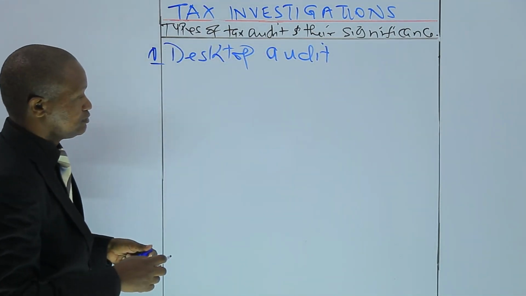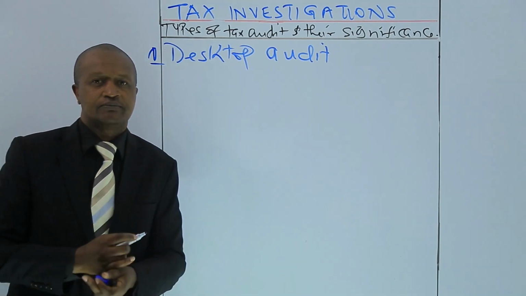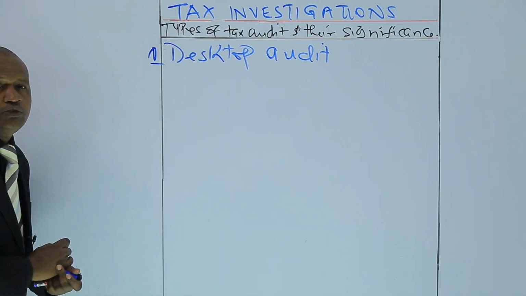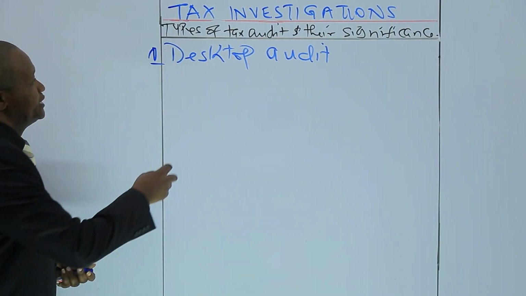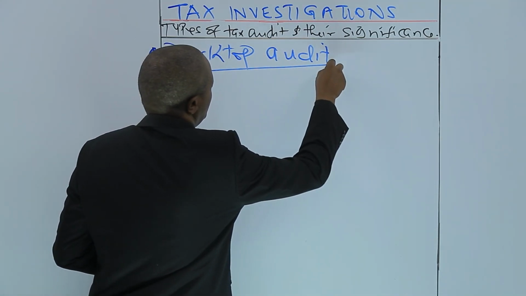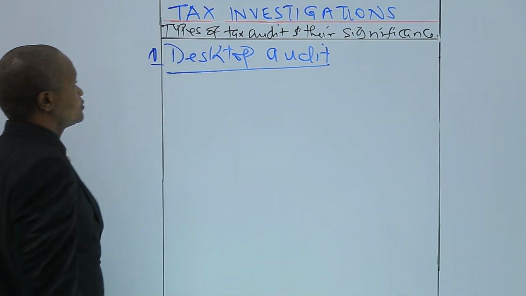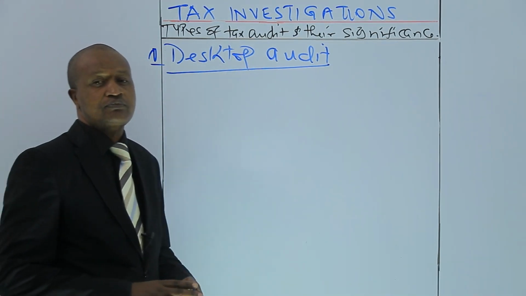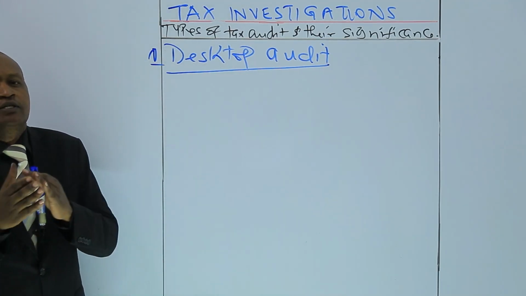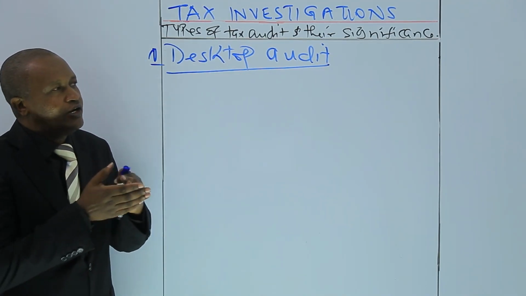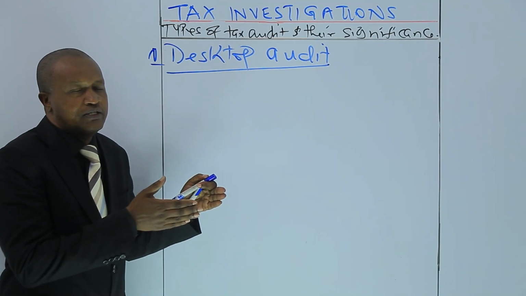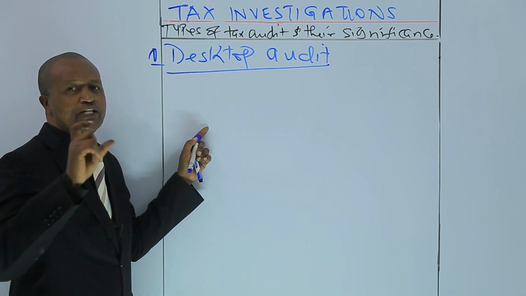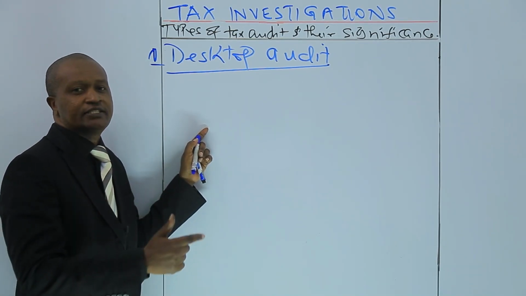Desktop. Remotely. Do you understand? Desktop. So candidates, another important point to note about desktop audit is that these audits are often initiated by the KRA when KRA identifies discrepancies or inconsistencies in a taxpayer's tax return.